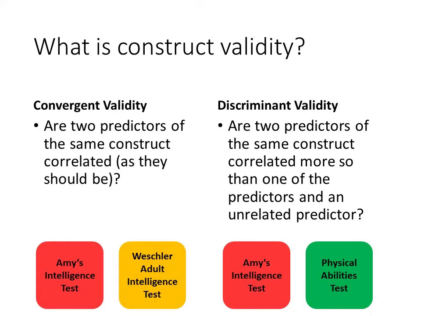Discriminant validity involves a comparison between 2 predictors that should not be alike. For example, an intelligence test and a physical abilities test.